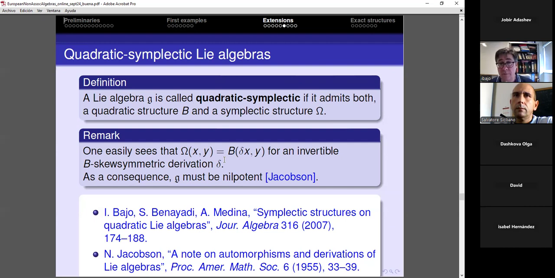So this kind of quadratic symplectic Lie algebras only appears in the nilpotent case. One also can see that not every nilpotent Lie algebra has invertible derivations, so most people know this. So not every nilpotent Lie algebra is quadratic symplectic, obviously. Okay.